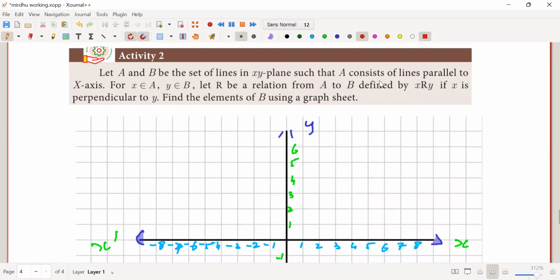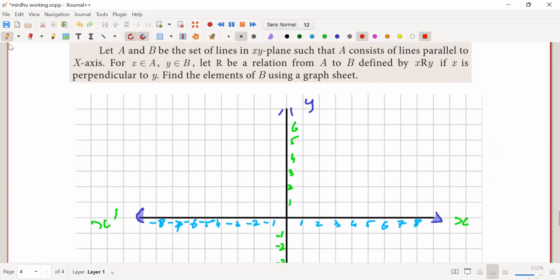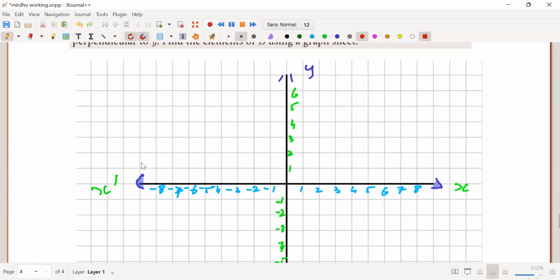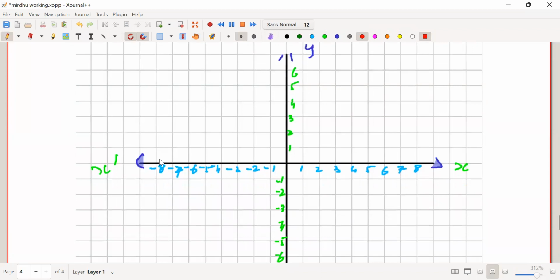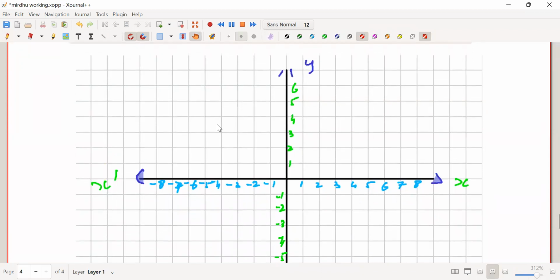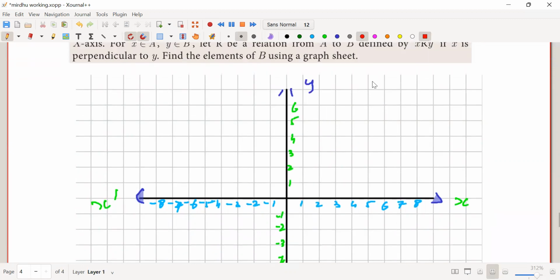What is A? Parallel to the x-axis. Any line parallel to the x-axis. What is the equation for the x-axis? That is y equals k.